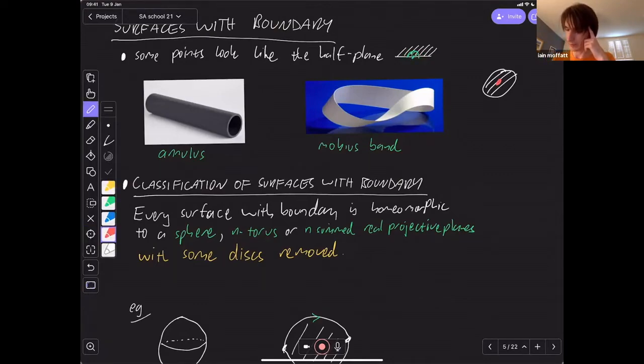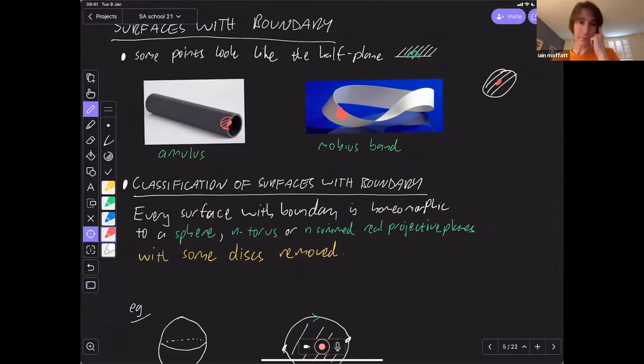So for example, if we take our annulus here and look at this point here, if we take a neighborhood of it, we're seeing the half plane. And again, this Mobius band example is also a surface with boundary. And locally, what do I get? I just get something that looks like a half plane as well.